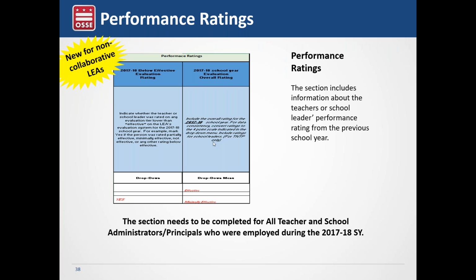And those ratings are based on the information that you gave in the summer. You have the opportunity right now to make any edits to those ratings if you found that you gave the rating incorrectly for a staff member. You will have the opportunity to make that edit.